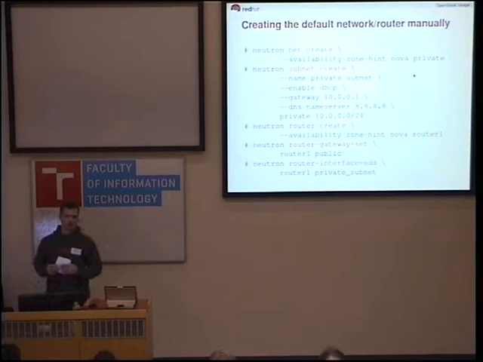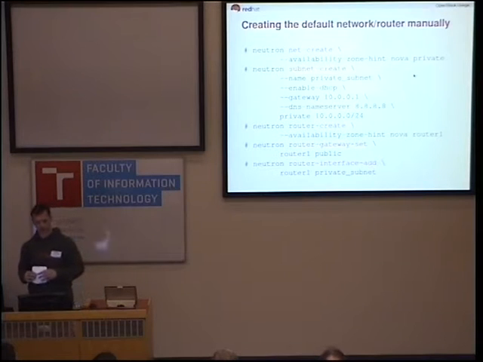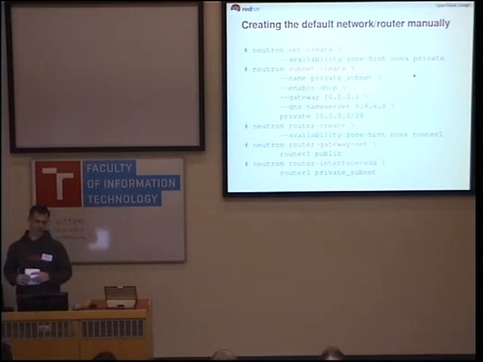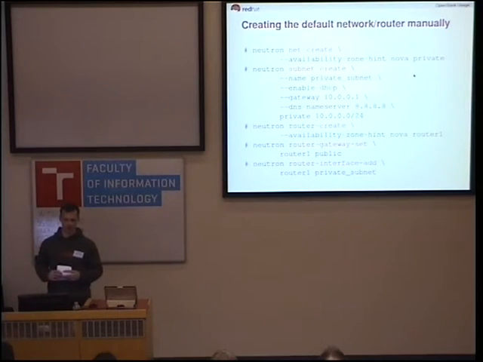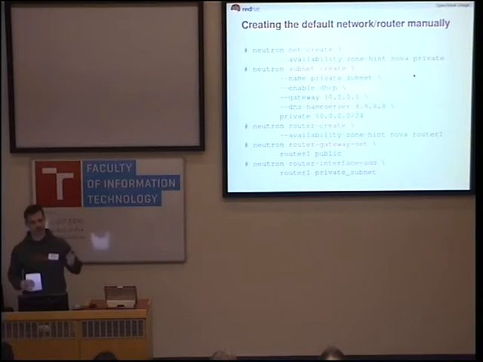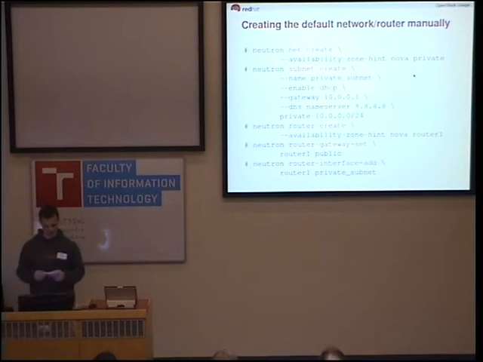Here's how to create the default network and router combination which PackStack installs. So you have to create a net, then a subnet with IP address information. You have to create a router, set its gateway to point to the outside world, and add an interface to it so it will actually route between networks.